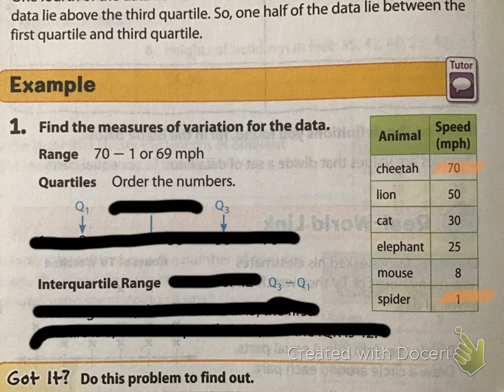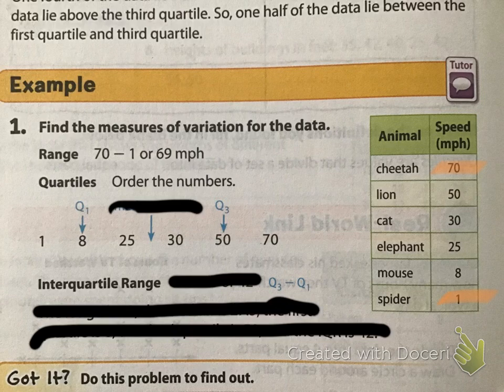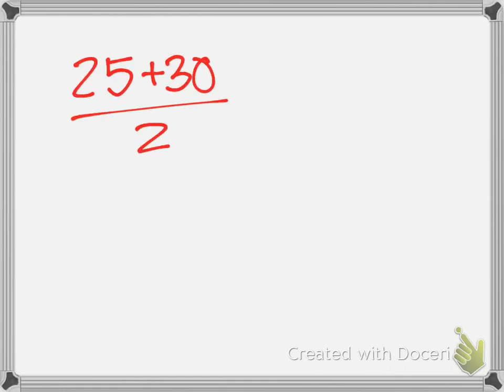Then we have to order the numbers. Luckily for us, they're already ordered. But unluckily for us, they have an even amount of numbers. So we must find that median number. Let's try to find that median before we do anything else. If it's between 25 and 30, those are the two numbers that we are going to find the mean of. 25 plus 30 divided by 2.